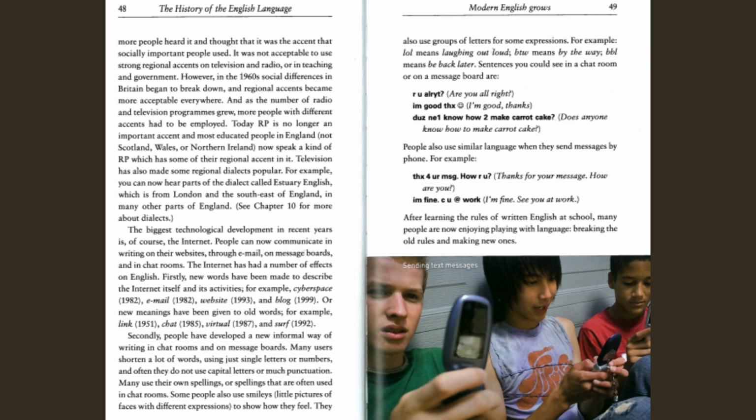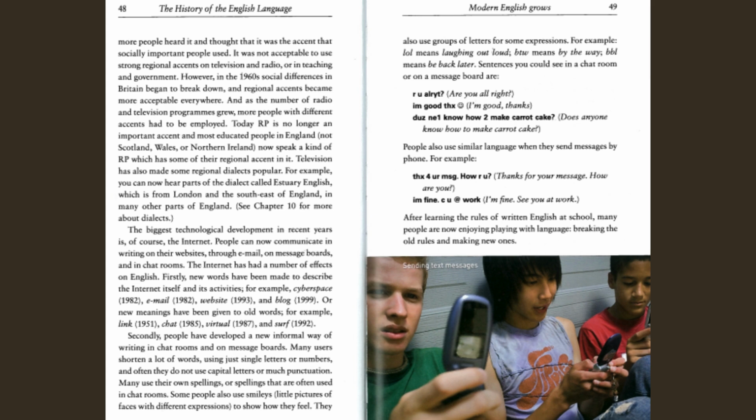The biggest technological development in recent years is, of course, the internet. People can now communicate in writing on their websites, through email, on message boards, and in chat rooms. The internet has had a number of effects on English. Firstly, new words have been made to describe the internet itself and its activities.